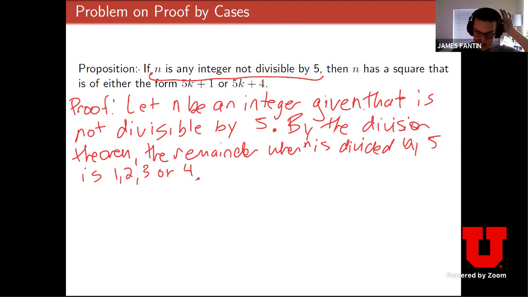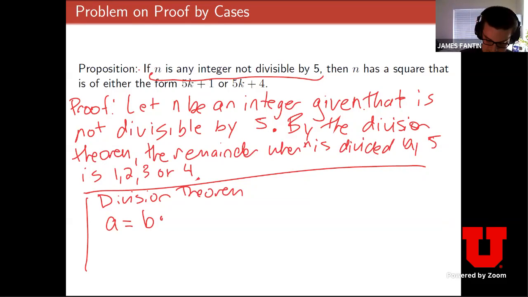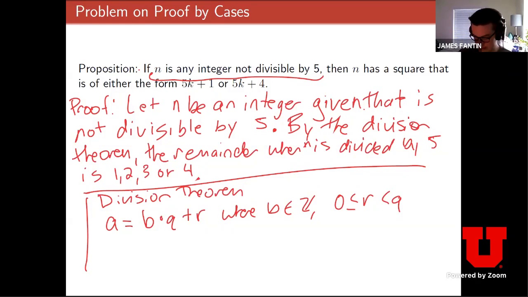Maybe one helpful side note here is to recall what the division theorem is. It says that if I have some integer a, then a is equal to b times q plus r, where b is an integer, and r is less than b, excuse me, less than b.